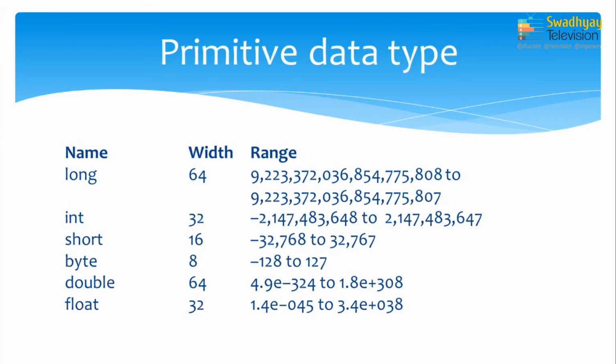So, it is a huge number that can be stored inside the double data type, and float supports the range 1.4 into 10 raised to minus 45 to 3.4 into 10 raised to 38. So, these are the values that numeric data types can accept.